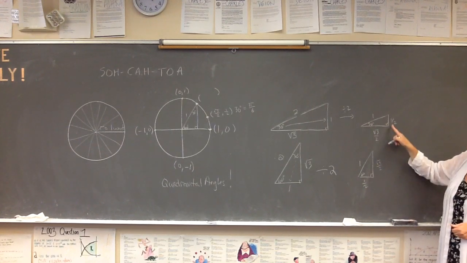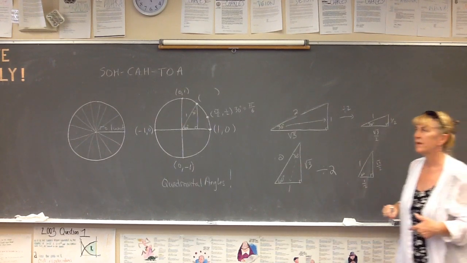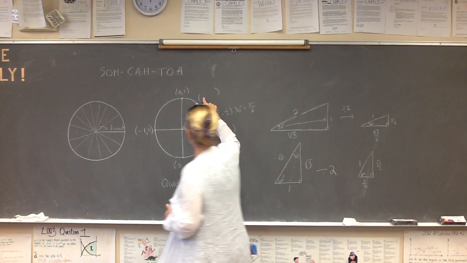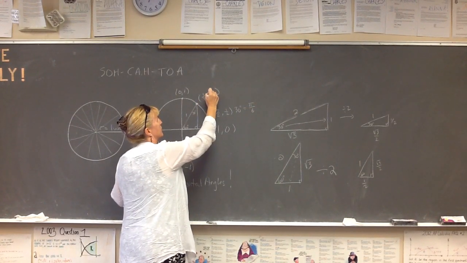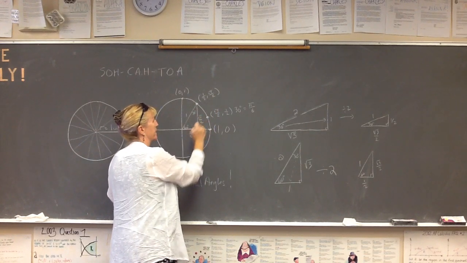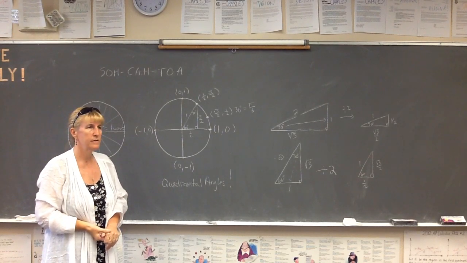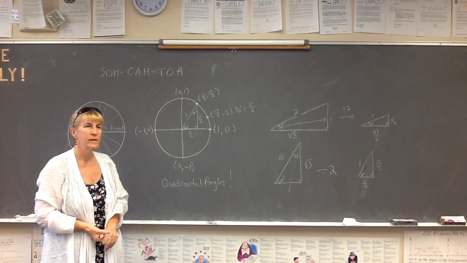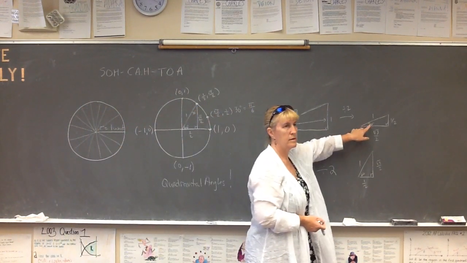What used to be an x-coordinate is now going to be a y-coordinate. What used to be a y-coordinate is now going to be an x-coordinate. So give me the xy point right here. 1/2, square root 3 over 2. What was the point for the 690?